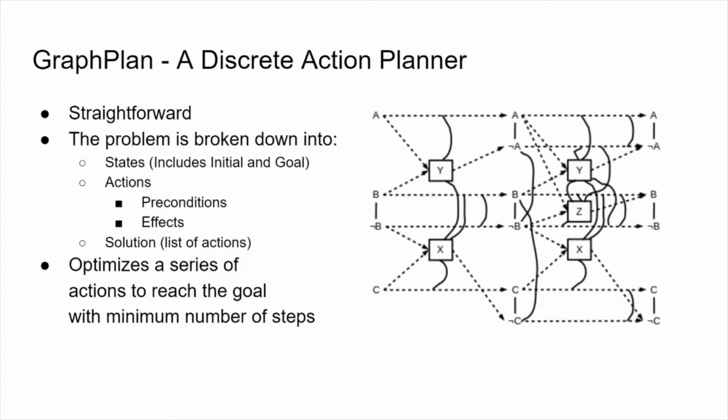And then the solution included in this graph plan is just a list of actions. The idea is that it will optimize this, find an optimal solution, which is just the list of actions that will reach the goal within the fewest or a minimum number of steps.